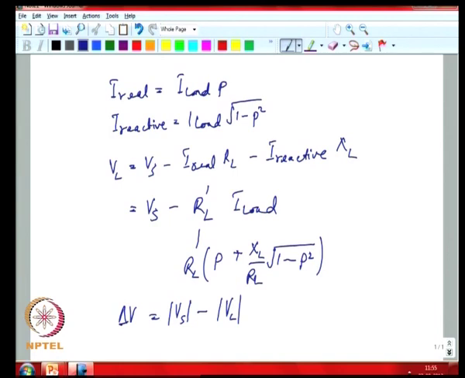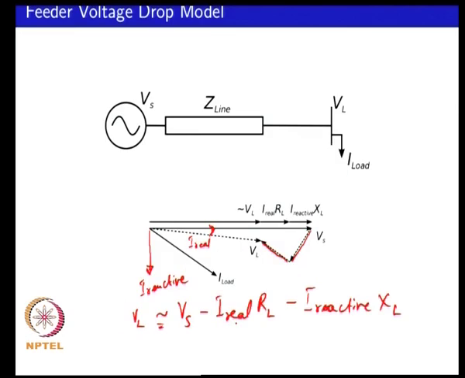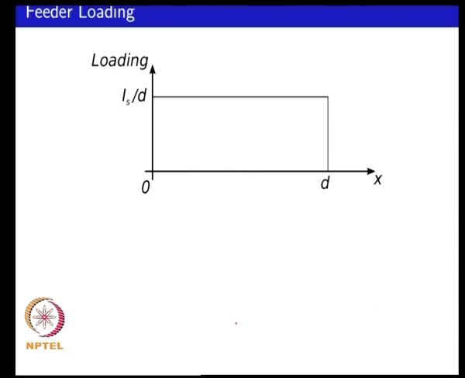We will make an assumption that you have a feeder where the source is sitting at some point x equal to 0, and you have a line of length d, and you are assuming that the loading is uniform all along the feeder. So, the load per unit distance would be Is, the current seen at the substation end, divided by d. You could think of Is as the substation current.